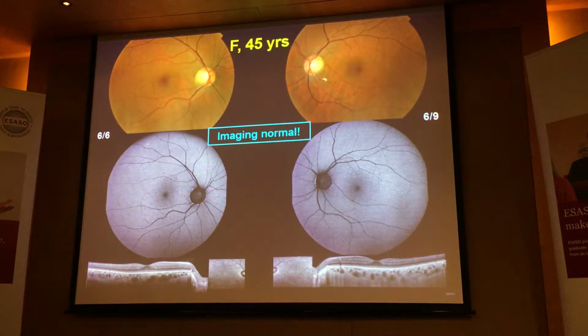The fundus is normal, the discs aren't pale, the autofluorescence is normal, the OCT is normal, and the patient's got a cone dystrophy. Never believe the equivalence between normal imaging and normal function. You want to find out whether somebody's got functional loss, non-organic visual loss, you can't just image them.